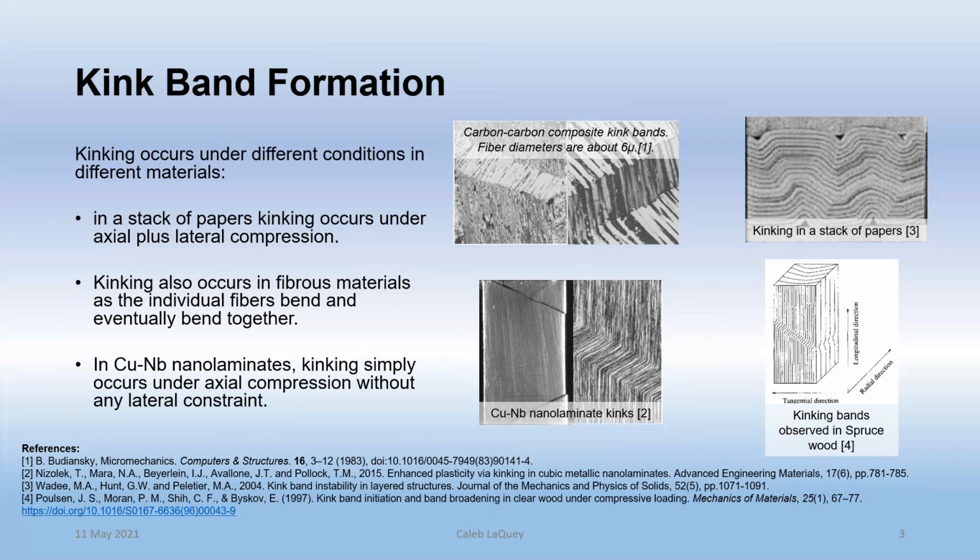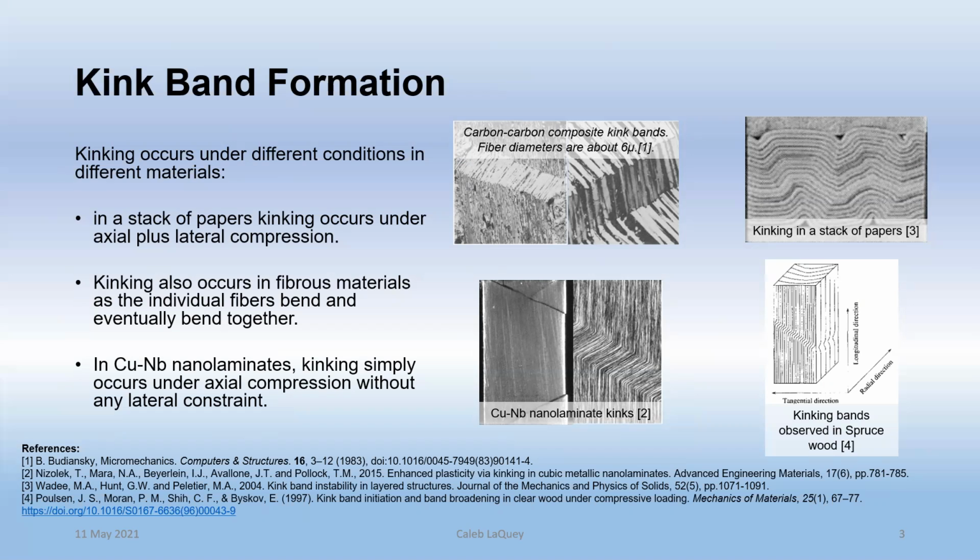In carbon niobium nanolaminates, kinking simply occurs under the axial compression without any lateral constraint. Now, this is due to the specific friction between the layers, because the friction between the layers of carbon and niobium is high enough that it holds them together without delaminating naturally.